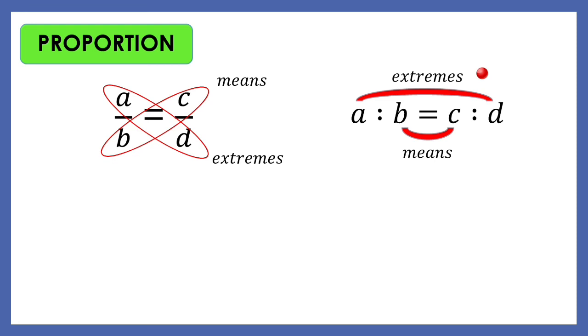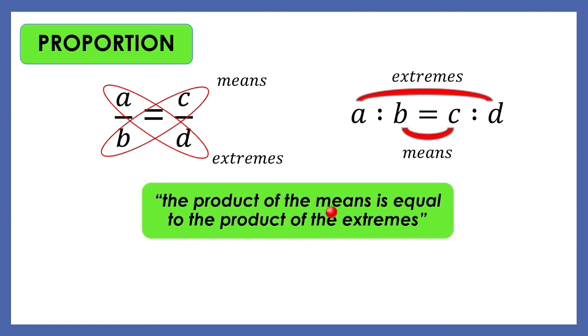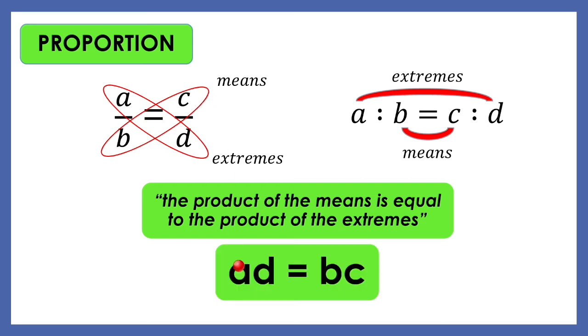Remember, in a proportion, the product of the means is equal to the product of the extremes. When we get the product of the extremes, it is equal to the product of the means. We will now have the equation A times D equals B times C. A times D is the product of the extremes. B times C is the product of the means.